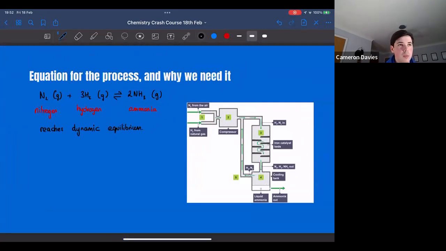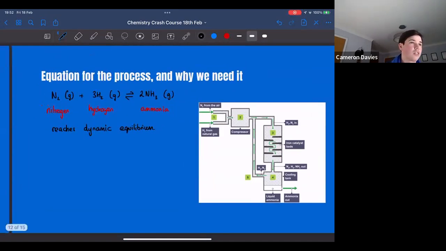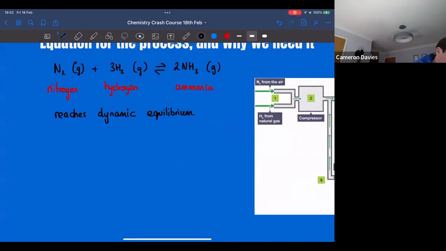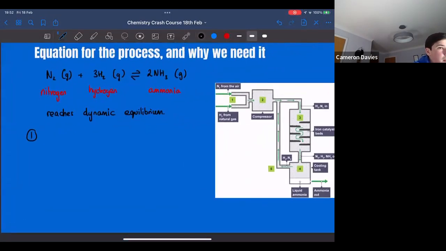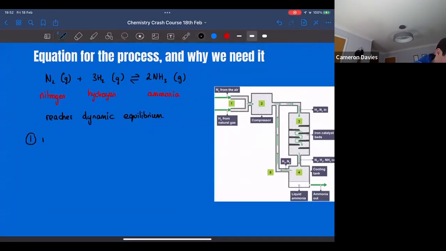So the last thing we're going to look at for the Haber process is the actual process of the reaction, because it's something used in industry, which we use to produce fertilizer. So looking at the diagram, the first thing that happens is nitrogen and hydrogen are pumped through the pipes.